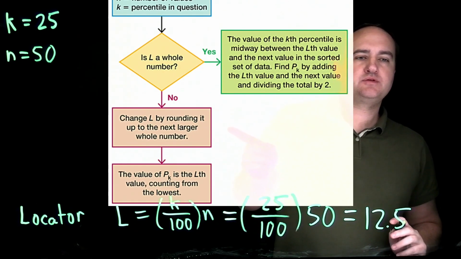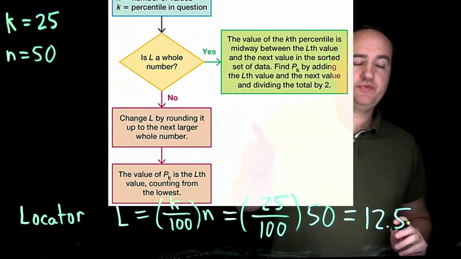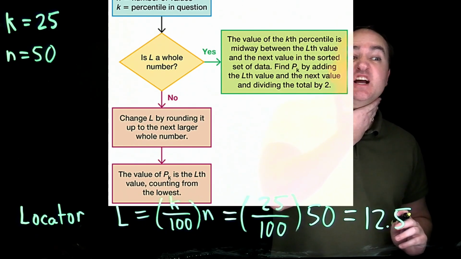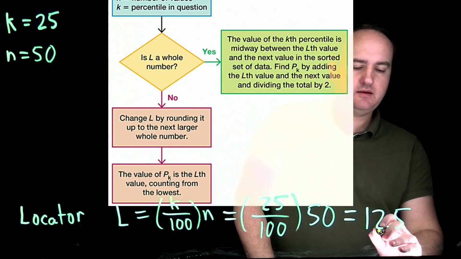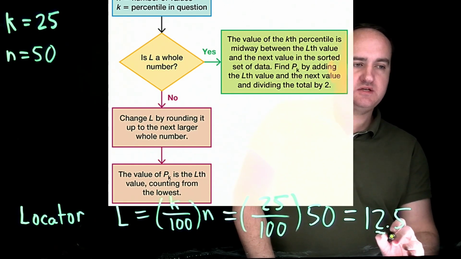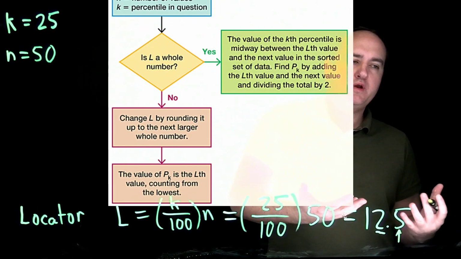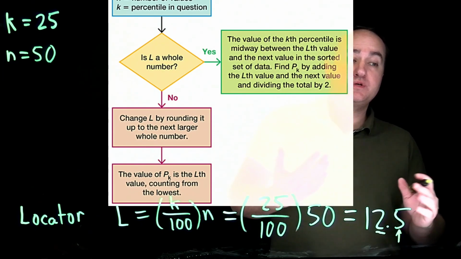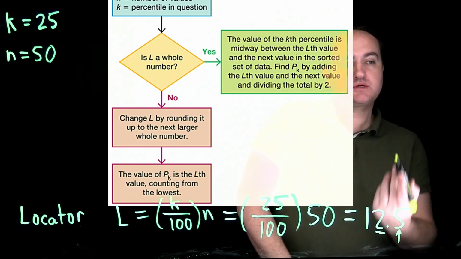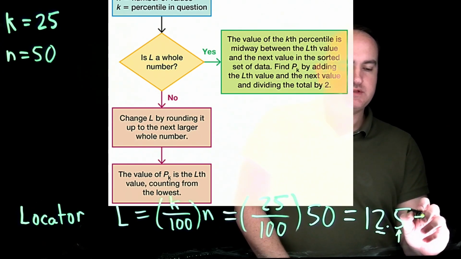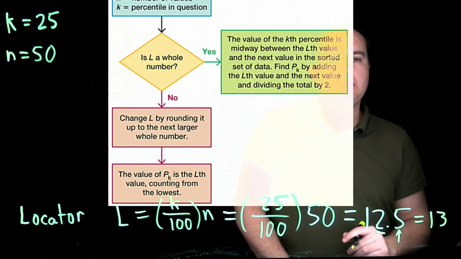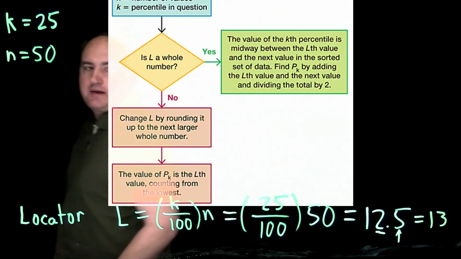When they say round to the next larger whole number, they mean the next larger counting number. We look at the ones digit, and the next digit we don't really care about, so we always round up. So this is going to round up to 13.